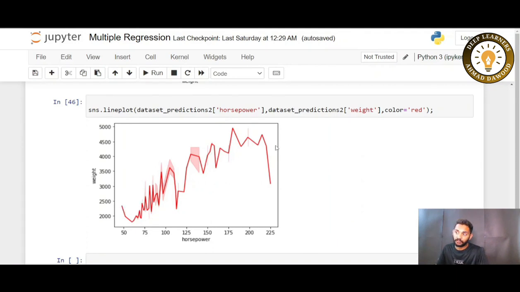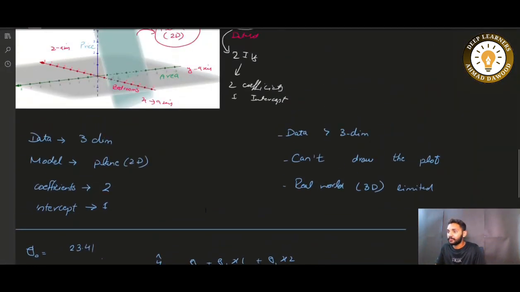Now if you lift this line into the z-axis, and the z-axis will be miles per gallon, if you lift this line upward, then you will get a plane. So actually your model is a plane.